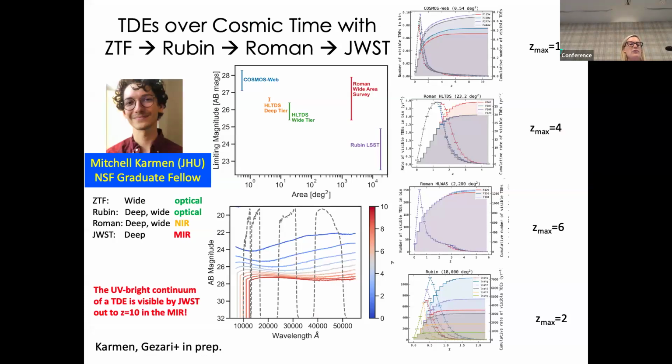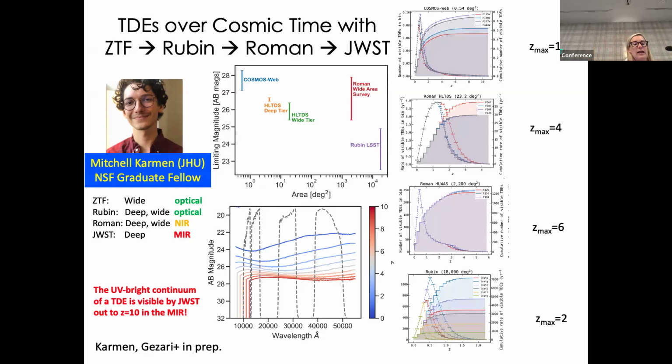And my graduate student, Mitchell Carman at Johns Hopkins, has already been predicting the expected yields of tidal disruption events using these infrared capabilities with the specific goal of capturing the fact that for these UV bright tidal disruption events, the peak of their emission as you go to higher redshifts slides into the near infrared and mid infrared bands.